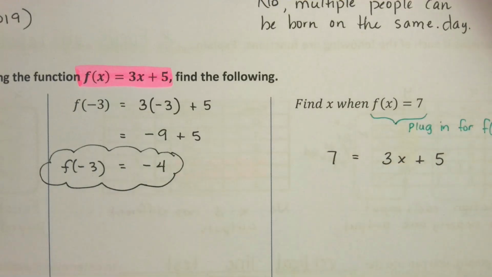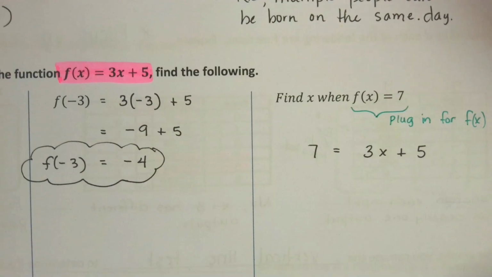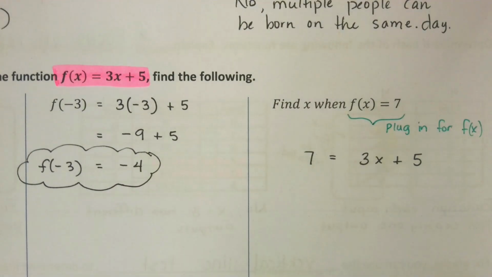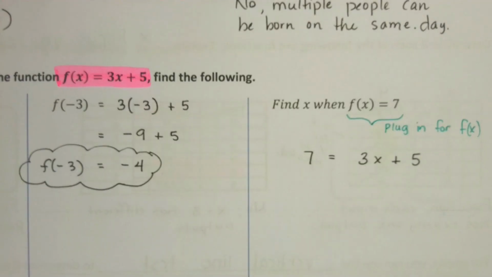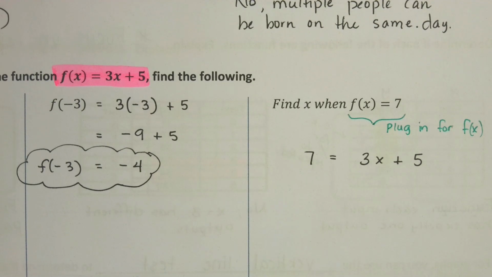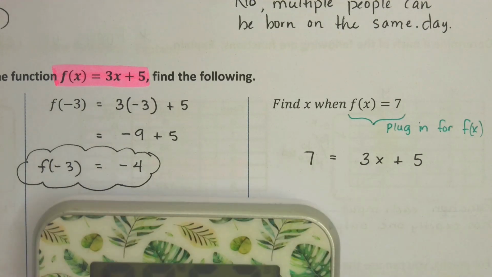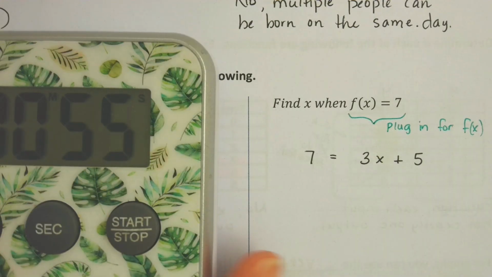I'm going to have you work this one by yourself and put the final answer on a whiteboard. Your final answer should be in the form x equals and then some sort of number. I believe it's a fraction. It's okay to leave it as a fraction.